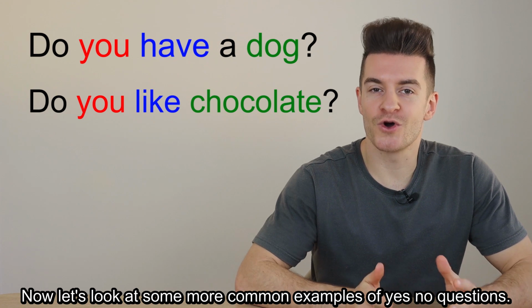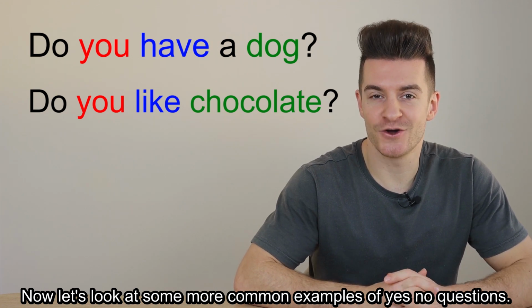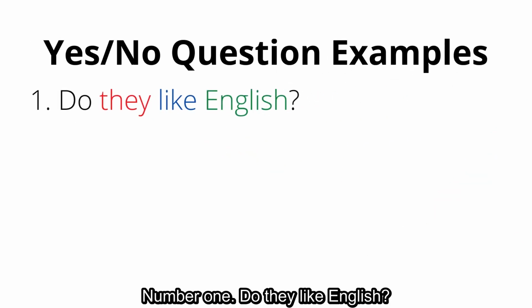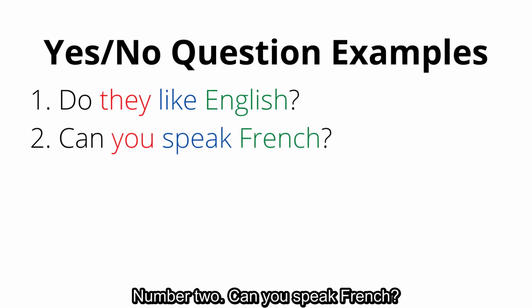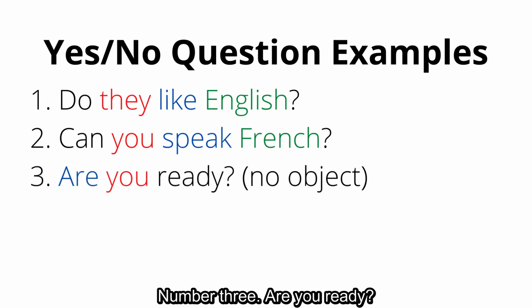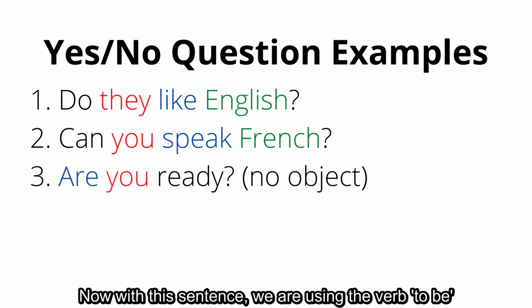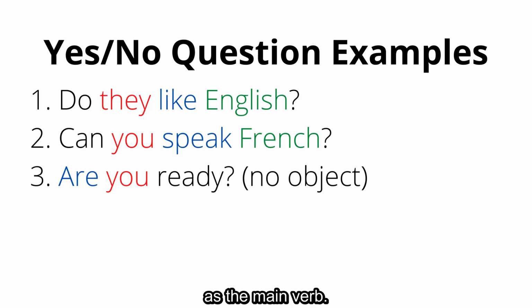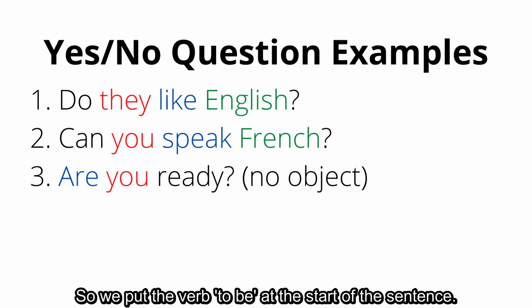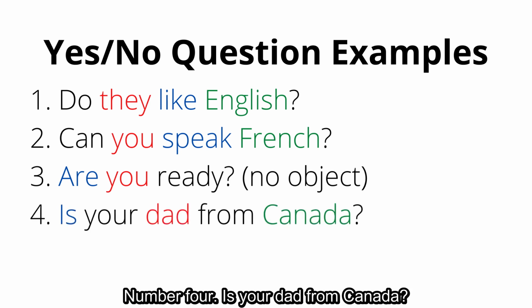Now let's look at some more common examples of yes-no questions. Number 1, do they like English? Number 2, can you speak French? Number 3, are you ready? Now with this sentence, we are using the verb to be as the main verb. So we put the verb to be at the start of the sentence. Number 4, is your dad from Canada?